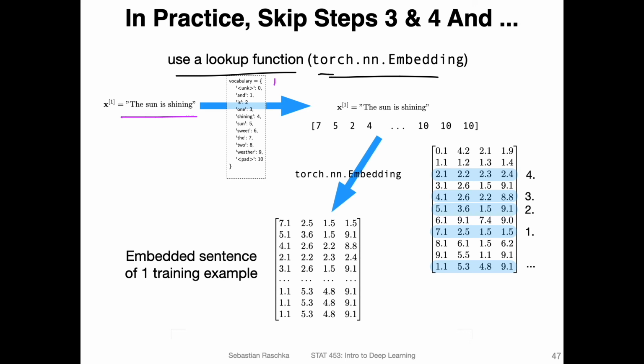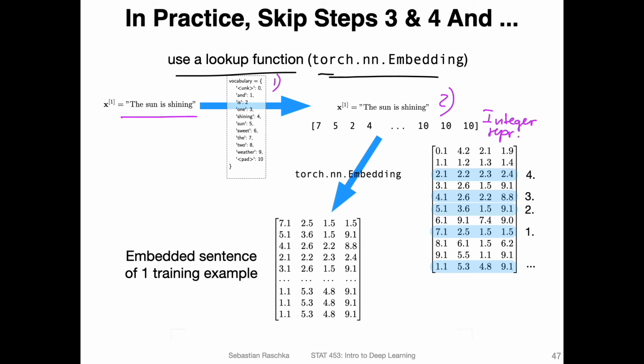In step 1, we created the vocabulary. In step 2, we converted the sentence to this integer representation or integer vector. Then in step 3, we converted this integer vector into a one-hot encoding, but we are not doing step 3 now.